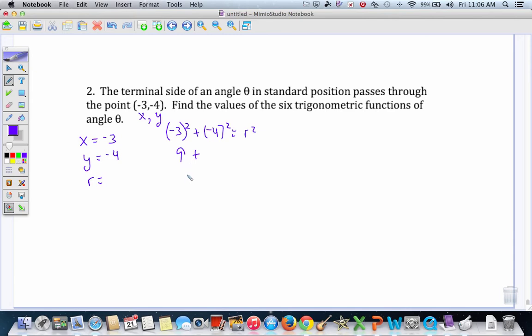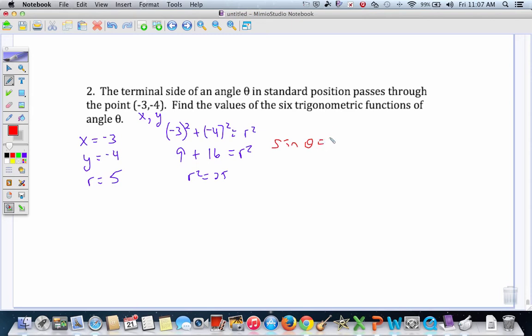If you type that into your calculator incorrectly, you might get -9. Obviously going to throw off your answer. -4 times -4 is 16. Not a -16, but a +16. So 9 plus 16 equals r squared. R squared equals 25. R equals 5. So we have a 3, 4, 5 triangle.